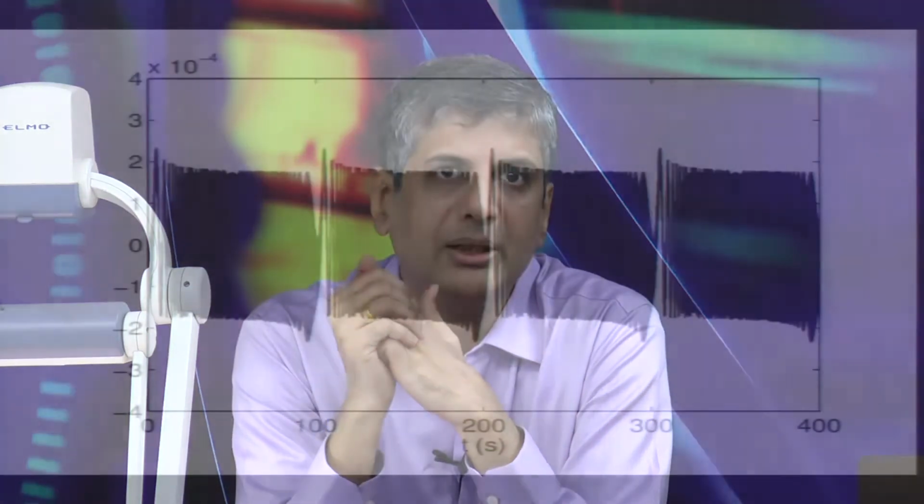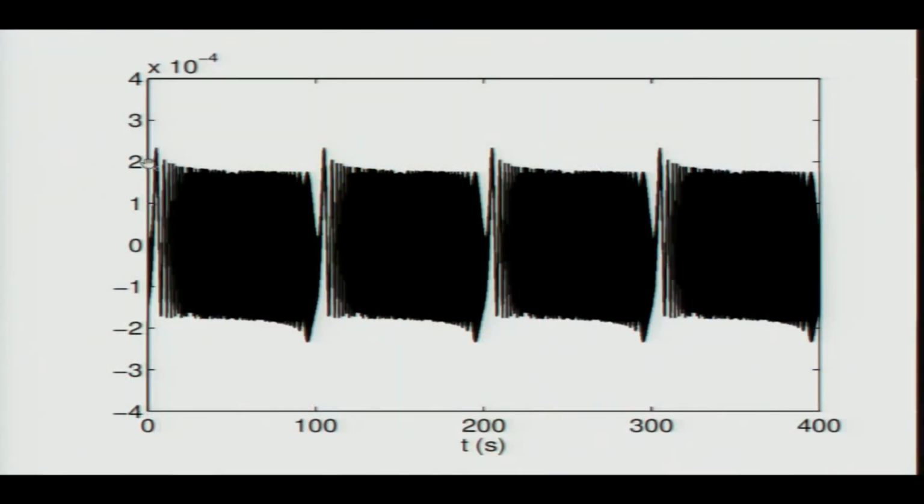Just to give you a visual feel of a signal which has got many frequencies, this is an example. This is a signal which is periodic, but it has got many frequencies. It has a period of 100 seconds, that is, 0.01 hertz is the fundamental frequency, but it contains the frequencies 0.01, 0.02 and so on to fairly high frequency.